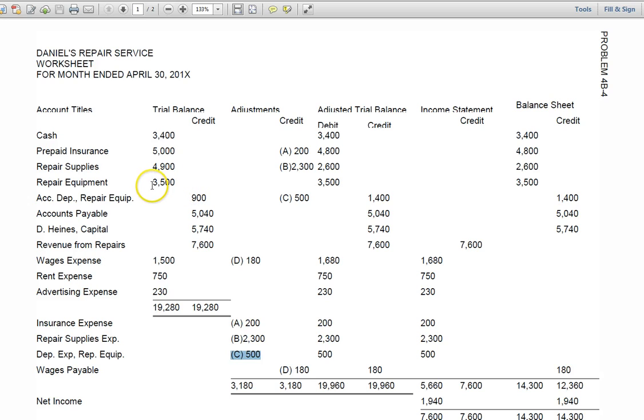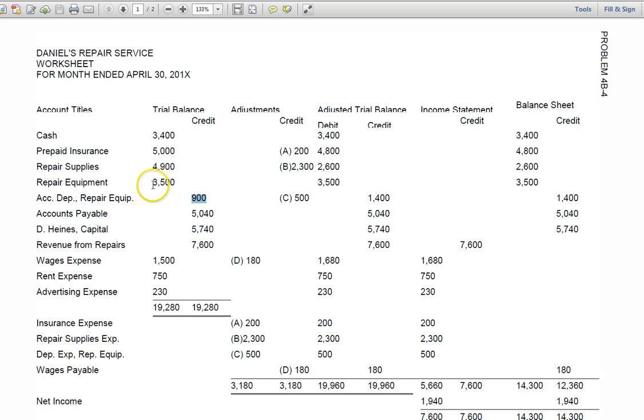How long is this going to live, divided by its estimated life in years or months, as the case may be. Now, what you see we don't do is take the 500 bucks directly out of repair equipment, but rather we establish an account called accumulated depreciation, which is classified as a contra asset, C-O-N-T-R-A, which means against.